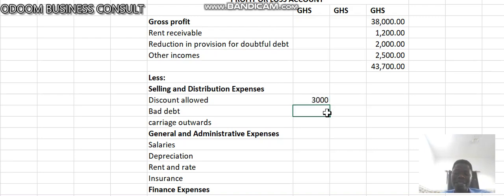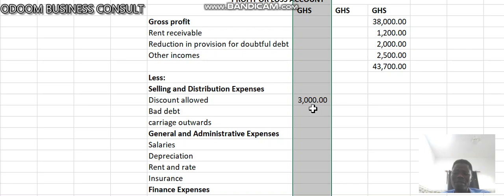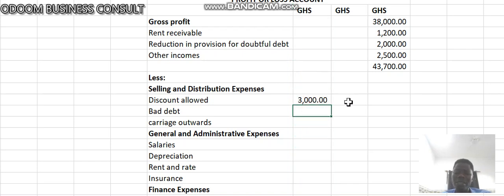We have bad debts. Maybe within the accounting year or within the period, you realize that about 4,000 or 2,000 or this number of customers did not pay. You have tried all means and have realized that they will not pay. Some of them, you can even take legal actions against them, they will not pay.